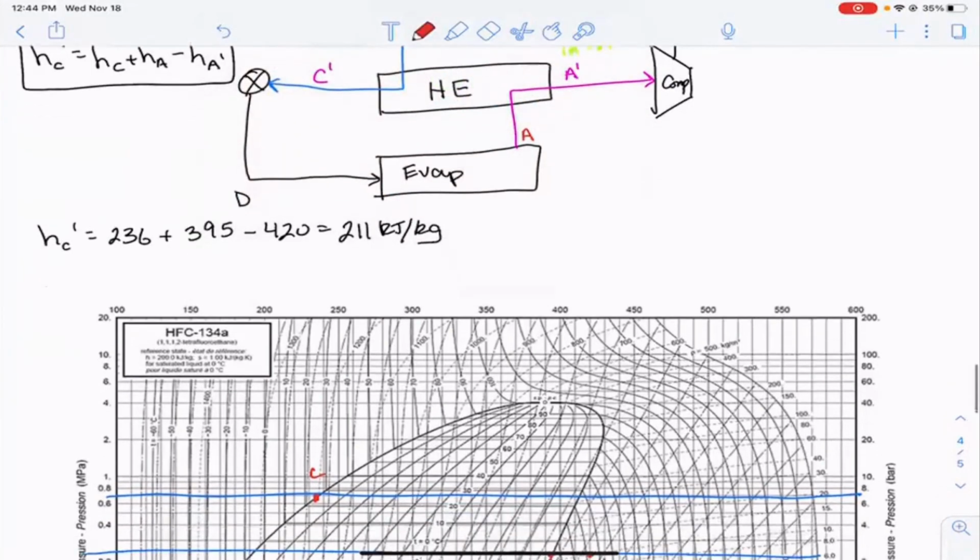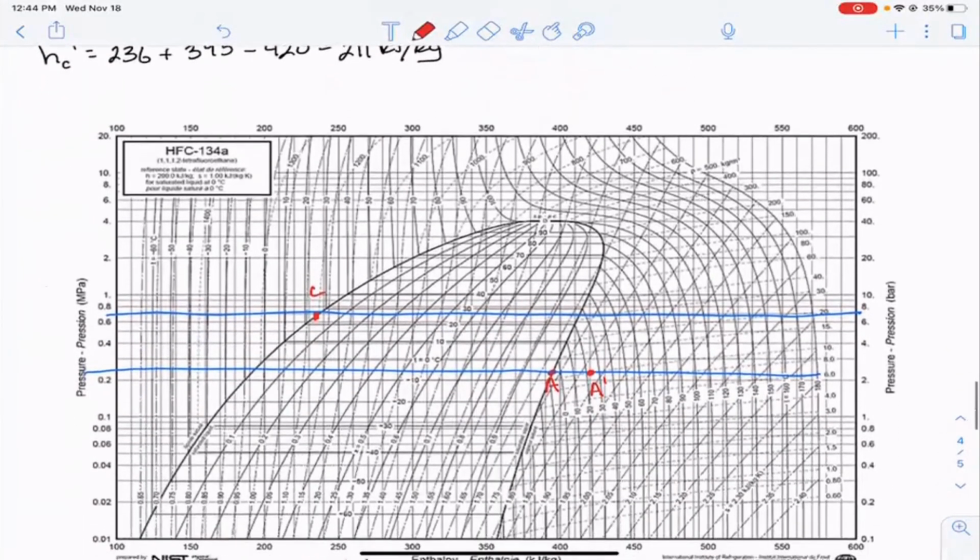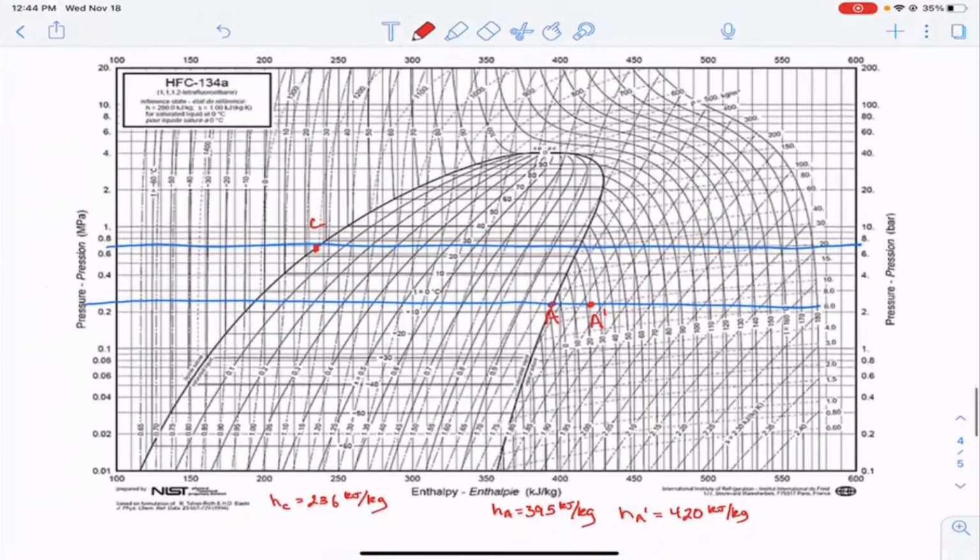And so again, what we're going to do is, at constant pressure, because it's before we go through the valve, move. Now, instead of to the right, we're going to move to the left until we reach an enthalpy of about 211 kilojoules per kilogram. And so that's about here.